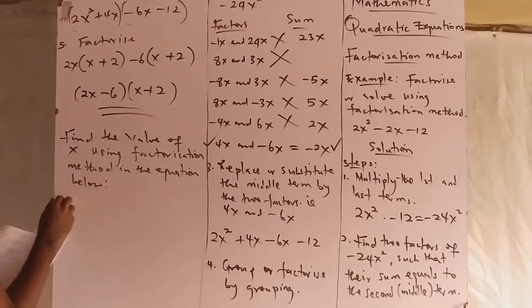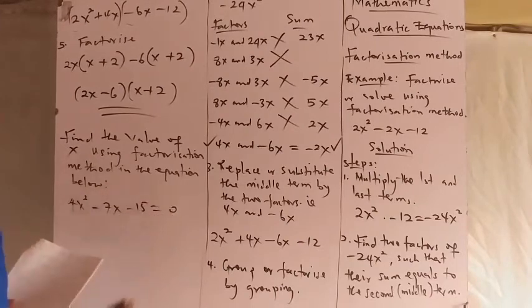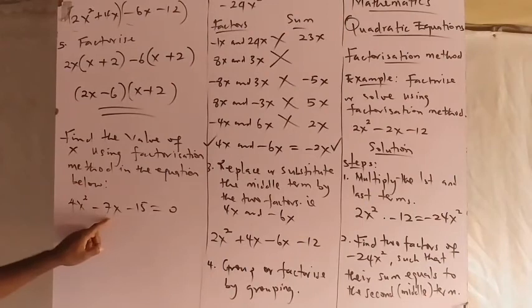You have 4x squared minus 7x minus 15 is equal to 0. You have to find the value of x using factorization method in this equation. 4x squared minus 7x minus 15 is equal to 0.